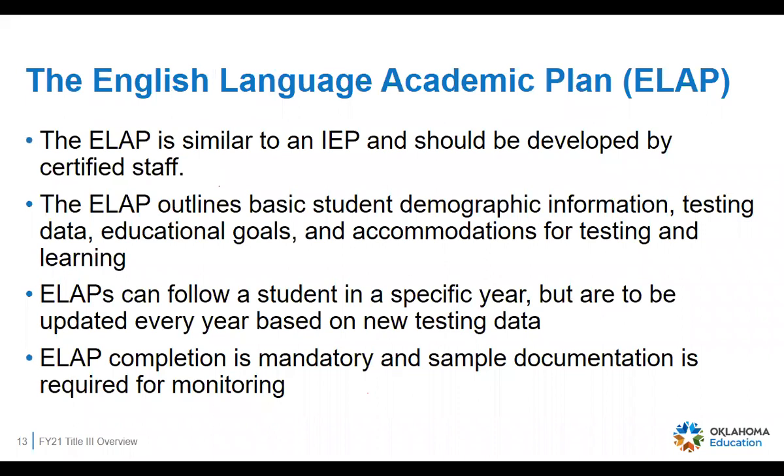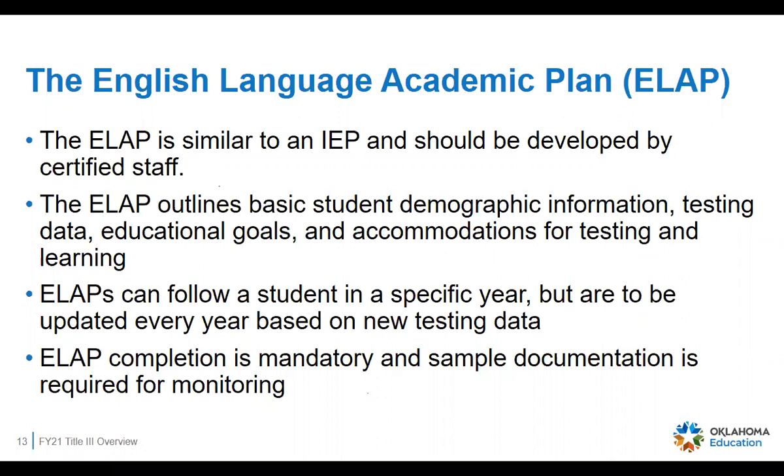So a few things about the ELAP. The ELAP is in many ways parallel to an IEP and should be developed by certified staff. It outlines basic student demographic information, testing data, goals, and accommodations for both testing and learning.